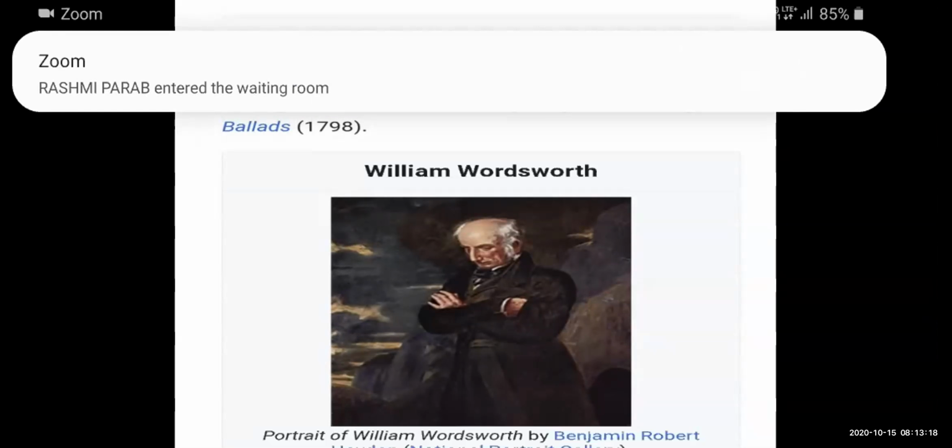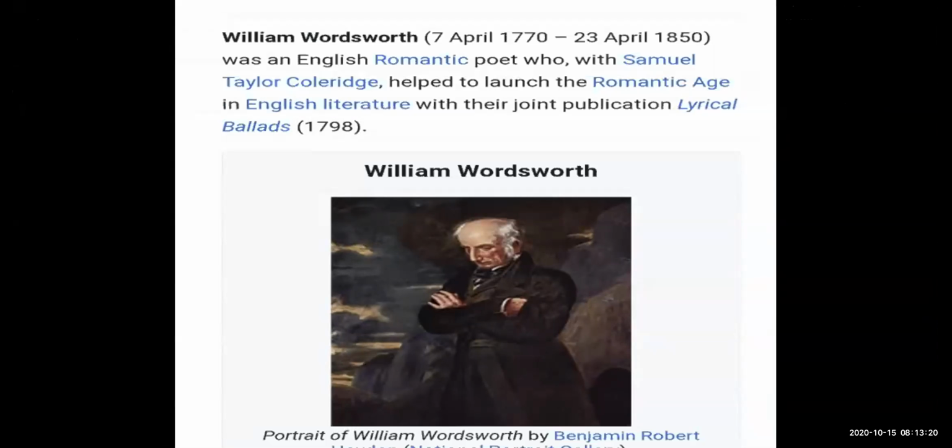What do we know about this great poet? He was an English romantic poet. He had written a number of poems related with nature, and today we see To a Butterfly, written by William Wordsworth. This poem is also very beautiful and it is related with nature.